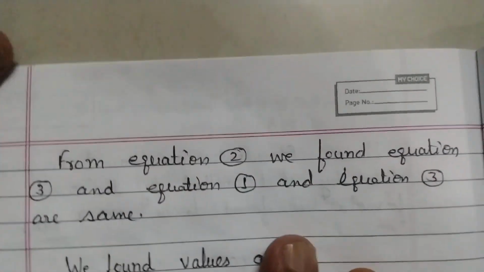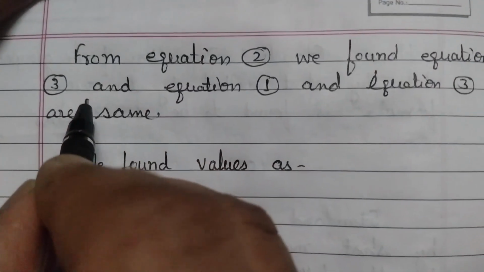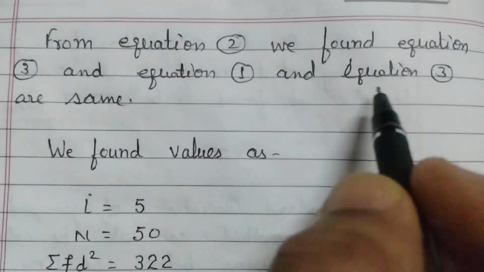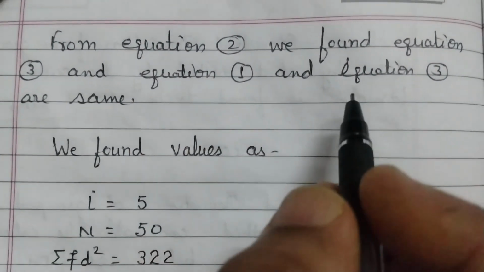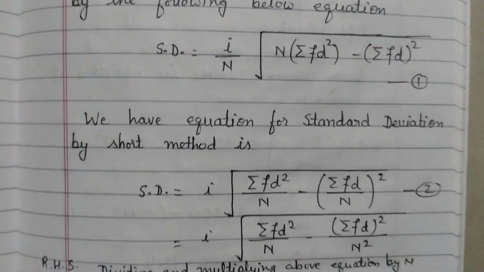So this is equation 3. Now from equation 2 we found equation 3, and equation 1 and equation 3 are the same. So equations 1, 2 and 3 are the same.